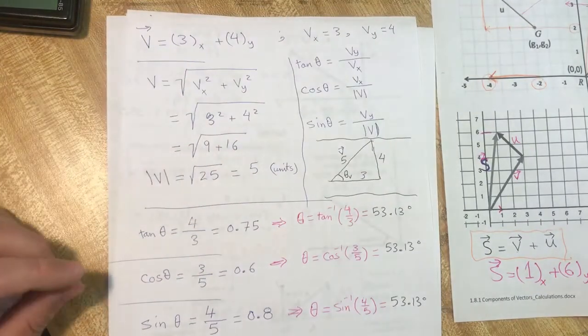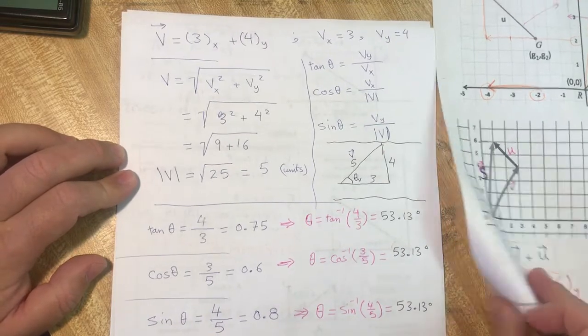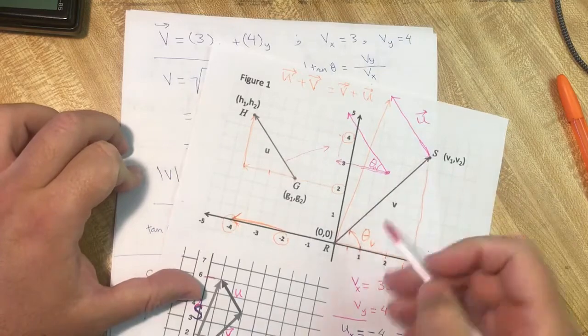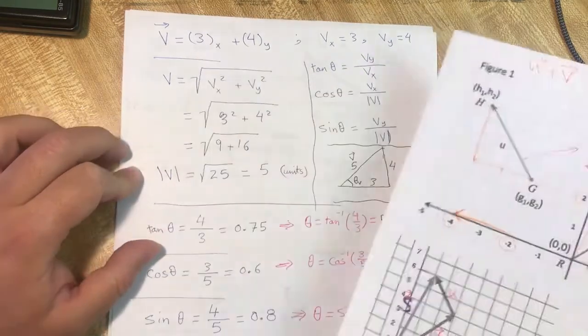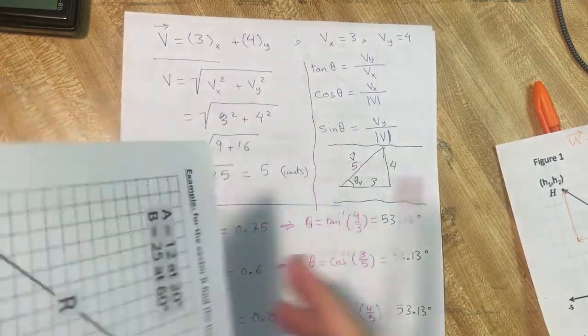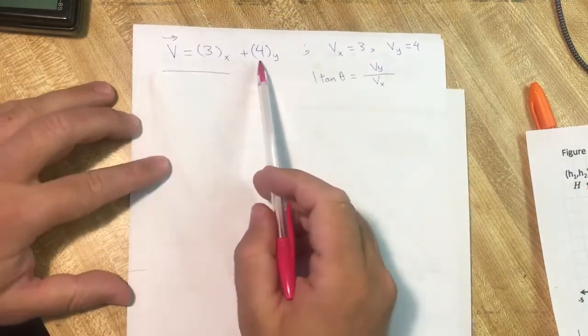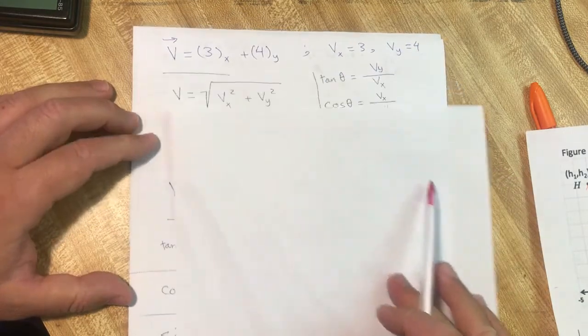Okay, now what if I need to deal with the vector v? This is the vector v. I need to find the length and I need to find the angle. It is easy. The vector v here is equal to 3 in x direction plus 4 in y direction. So Vx is 3, Vy is 4.